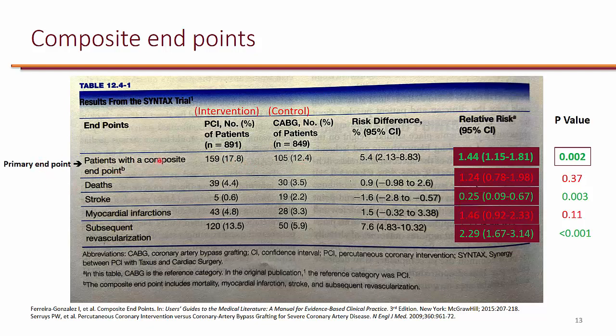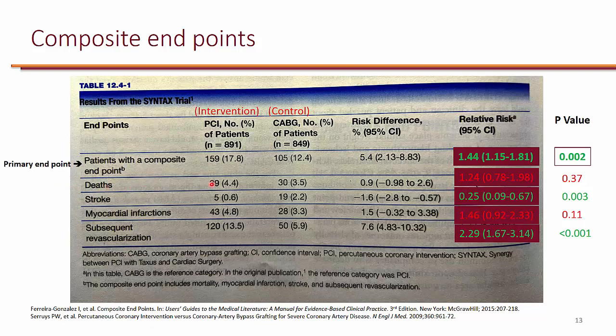Now, that was a composite endpoint. When you have one composite endpoint, that means it's either death or stroke or MI or subsequent revascularization. So the question is, which one did it actually increase? Death is particularly important.